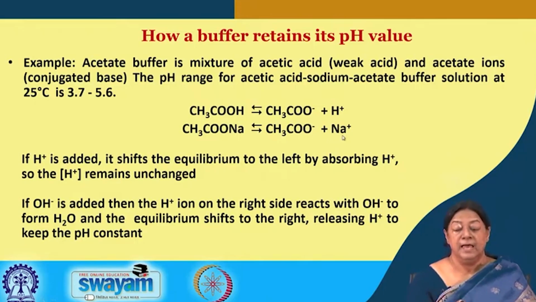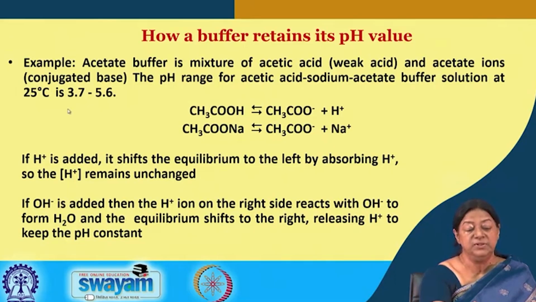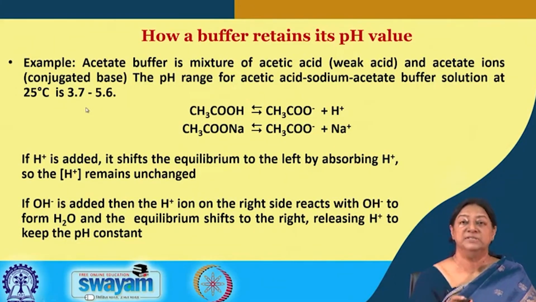Now, the pH range for this particular buffer solution is between 3.5 to 5.6 at 25 degrees centigrade, meaning that the pKa value of acetic acid is in between this. Because we know that the buffering range is going to be pKa plus minus 1.